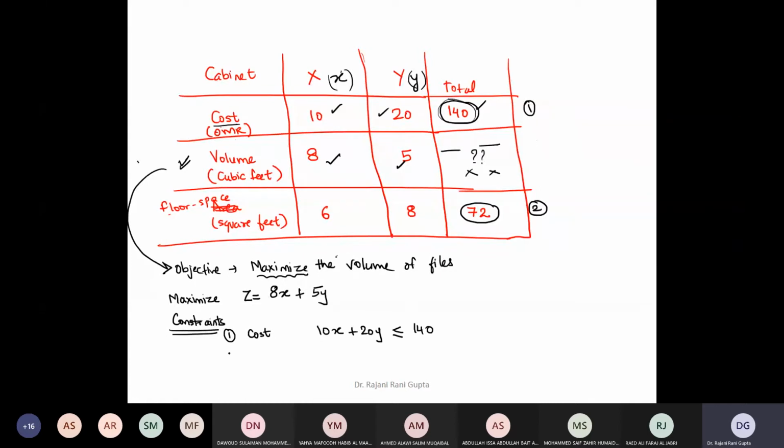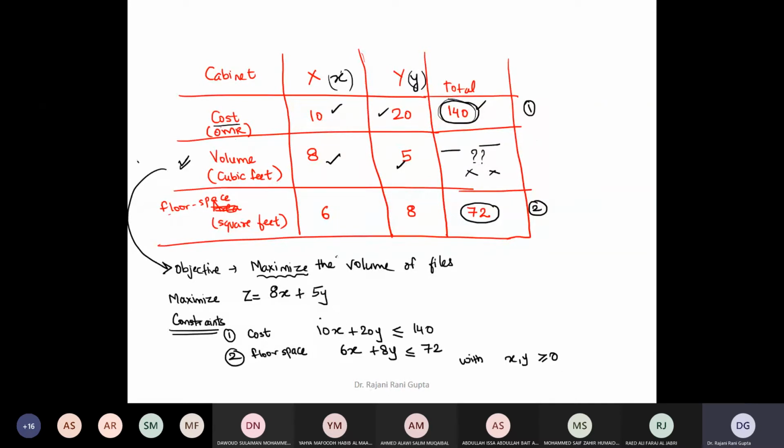Now come to the second constraint, which is for floor space. One X cabinet requires 6 square feet of space. We are going to purchase x cabinets, so it will require 6x. Similarly for Y, it will be 8y. The total space that can be occupied is 72 square feet, so again it is less than or equal to 72. Along with the non-negativity restrictions, x, y greater than or equal to 0.